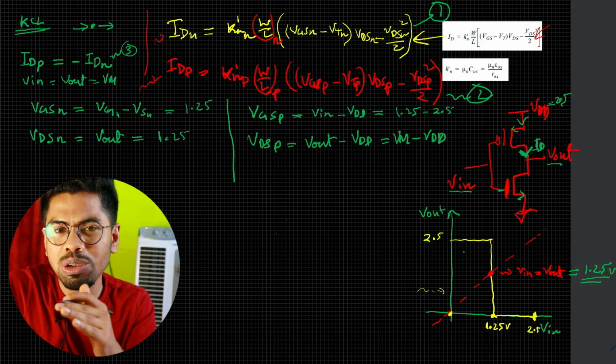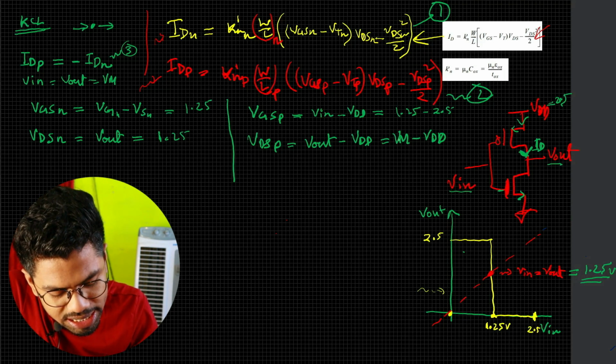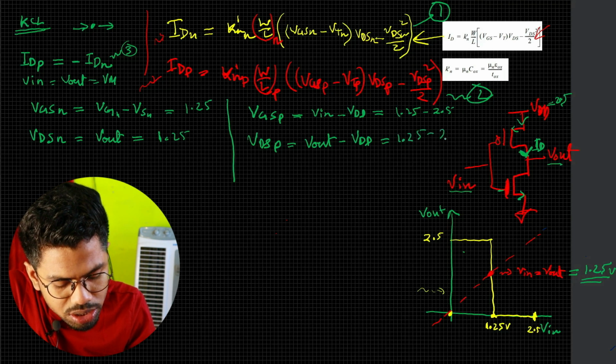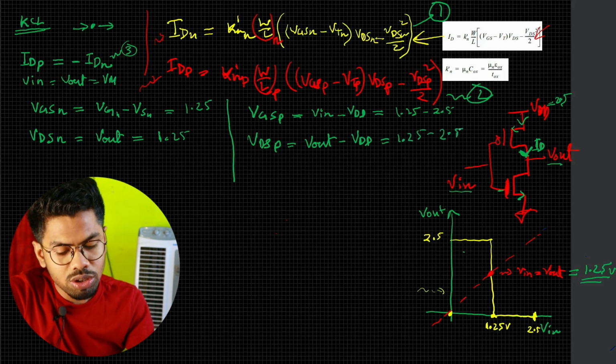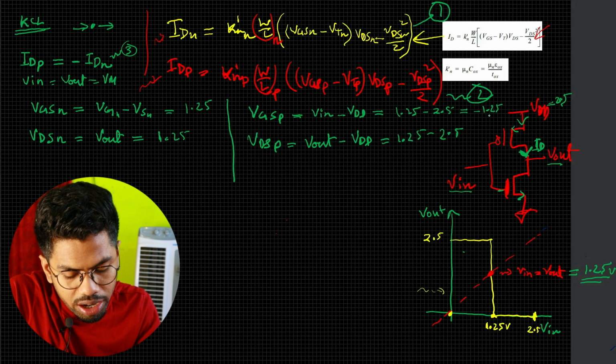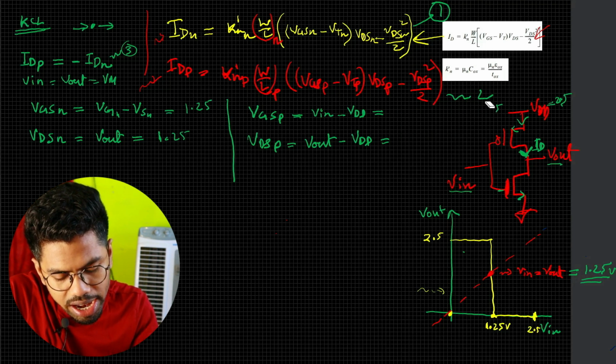If you don't relate to it, just ignore for now. And here again I can easily write it is 1.25 minus 2.5 volt. So it will be negative 1.25, or let me directly reduce the cluttering here, and it will be directly minus 1.25 and minus 1.25.